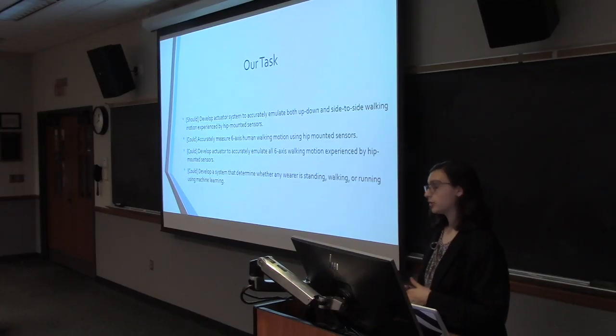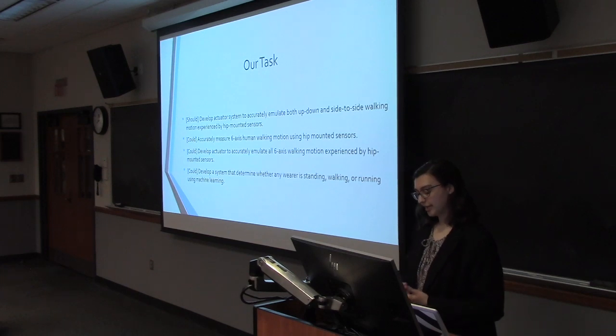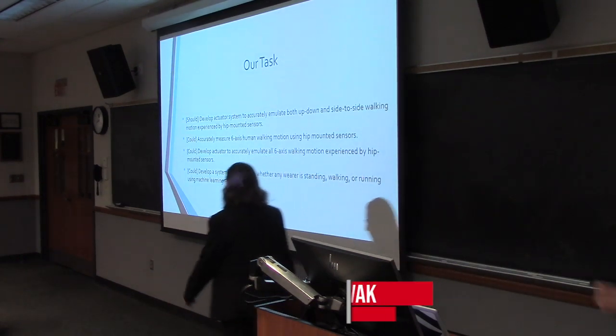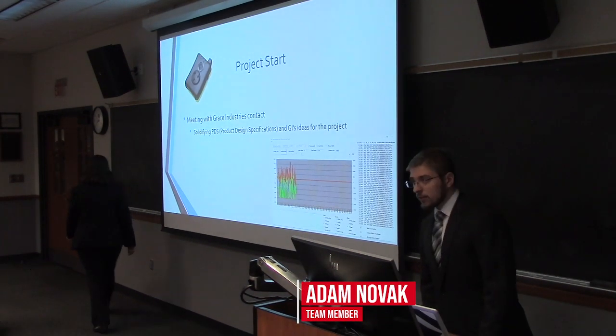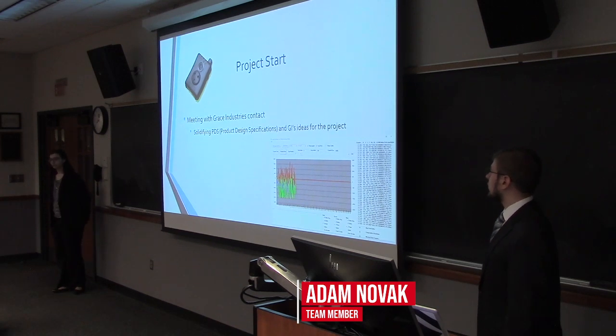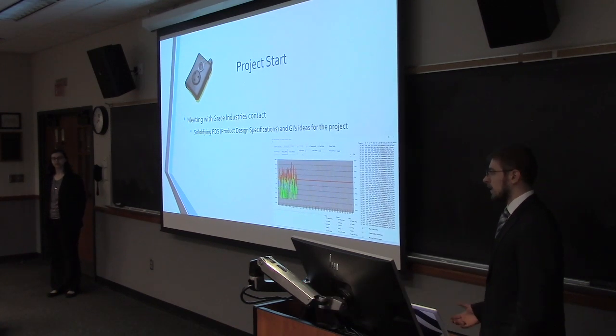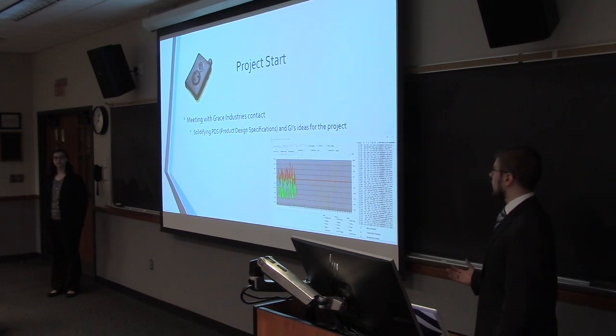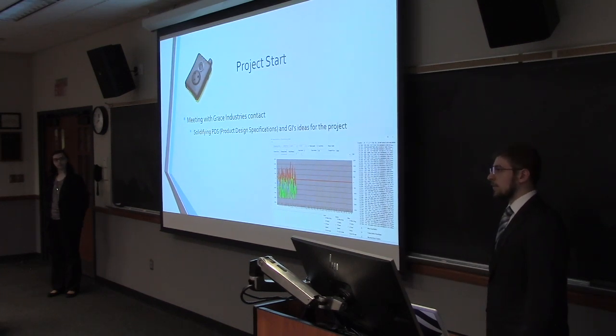Now that we had our initial requirements, it was time for us to meet with Gait Industries so they could directly communicate with us their needs and desires for our project. So, as Sarah said, we wanted to meet with Gait Industries before we began any real progress on our project to make sure that we both had a solid understanding of the end goal of this product.